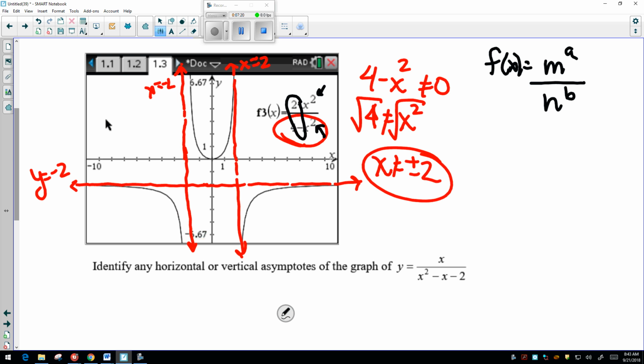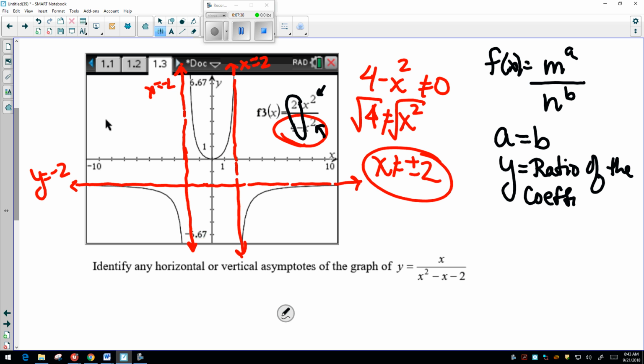And if a is equal to b, if those exponents are equal, then that horizontal asymptote is equal to the ratio of the coefficients. So in this case, I can say your horizontal asymptote is equal to -2. And we'll get into the why behind that in class a little bit more.